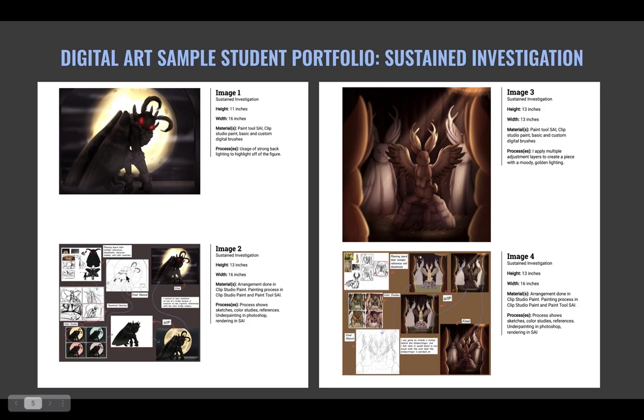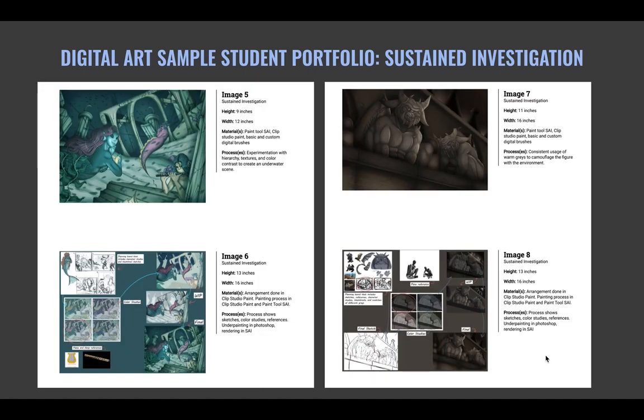You can see her stages along the way from sketch to developing the character, a work in progress, and then to her final revisions here. Listed materials, processes, and her size or dimensions. Similar on the right-hand side, we have another piece and a process slide. Continuing on, a similar theme on these slides here.